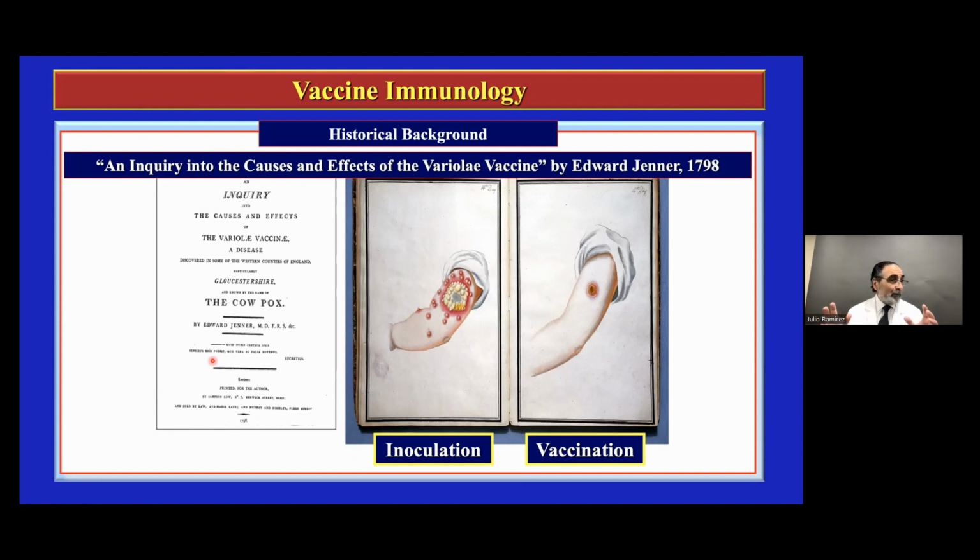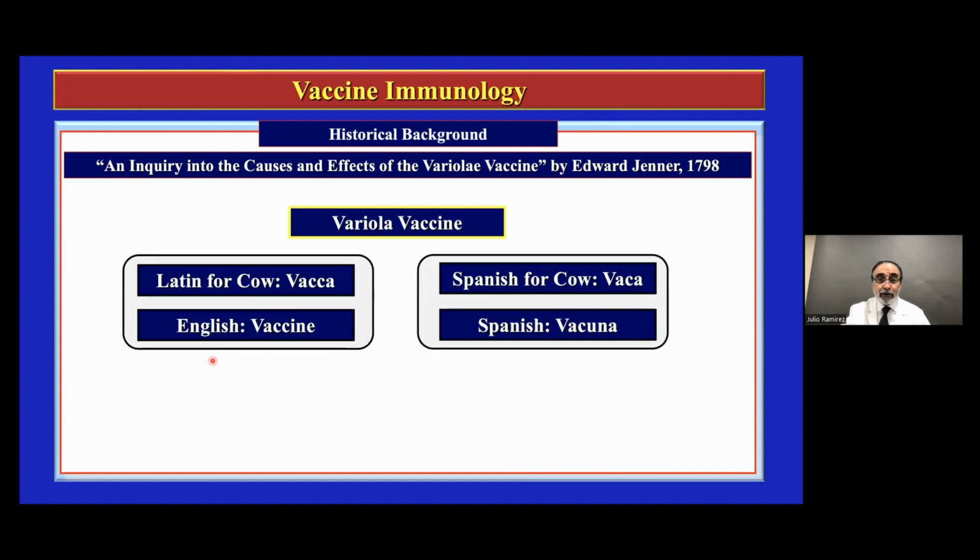And this was a little bit of magic at that point. Before, it was inoculation, where you get a knife and just cut the other person. Why did Jenner decide to come up with the terminology of vaccination? We know that in Latin, cow is vaca, and from that in English comes vaccine.